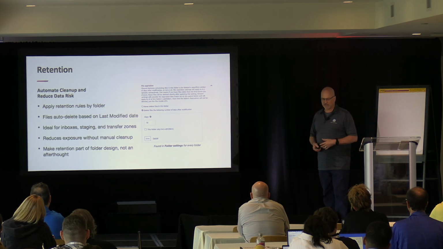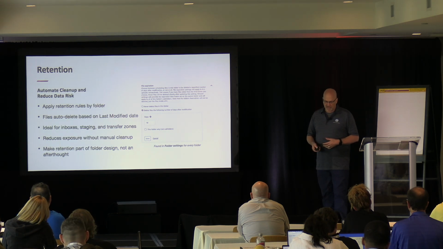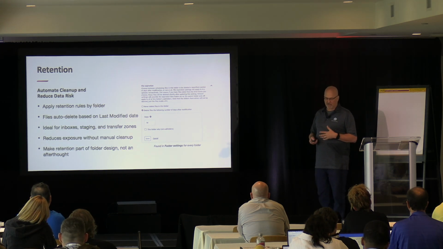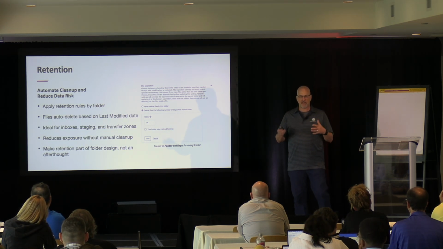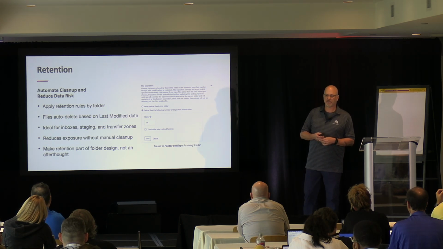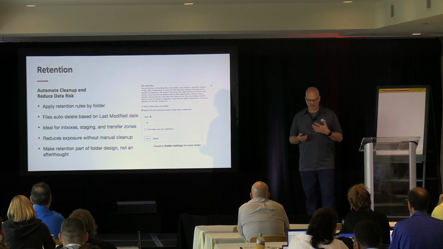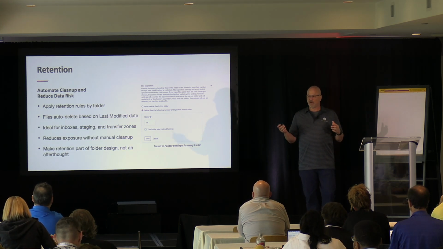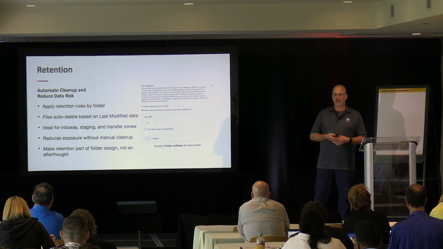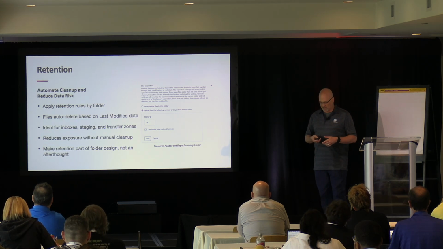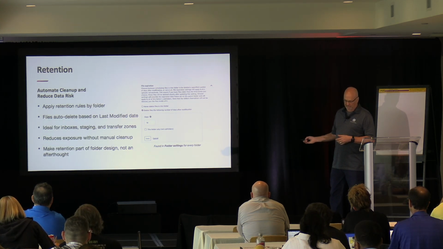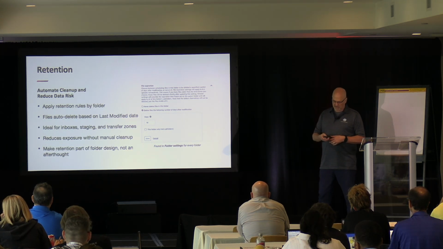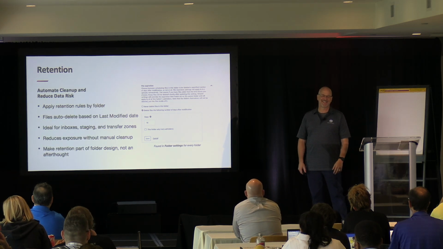So you got yourself a little bit of a safety net from there. You shouldn't have to do a lot of manual cleanup. We want you to automate as many things as you can using the tools we built. So again, as part of that whole documented process, documented file tree and everything, make retention rules part of your plan.